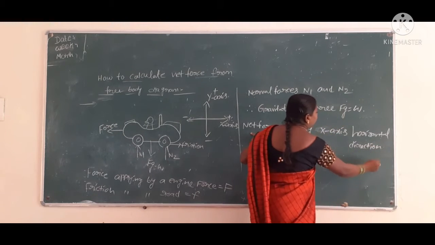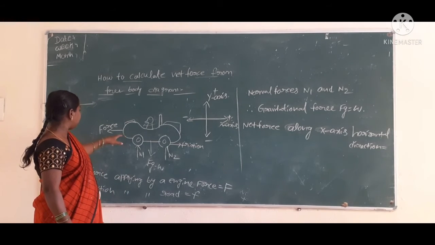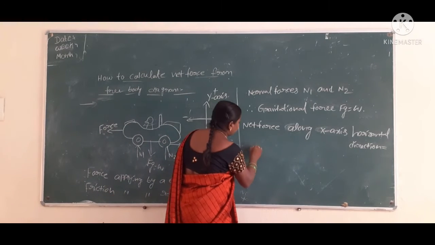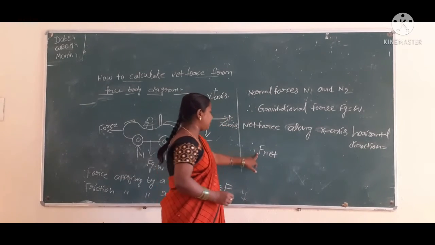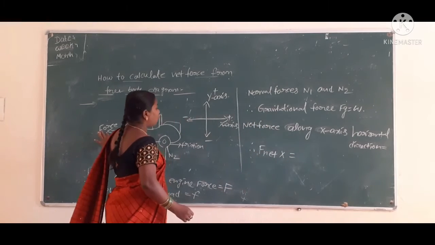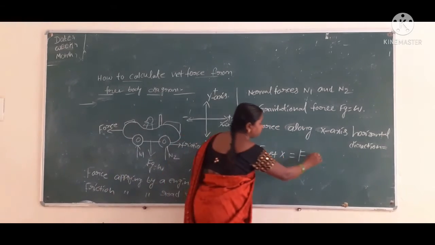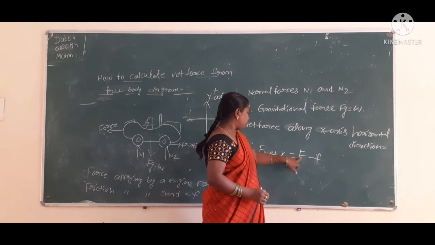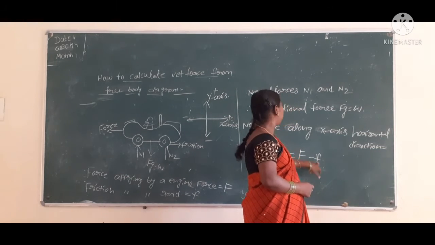In the horizontal direction, the force and friction are working. Therefore Fnet x is equal to capital F, the force, minus small f, the friction.